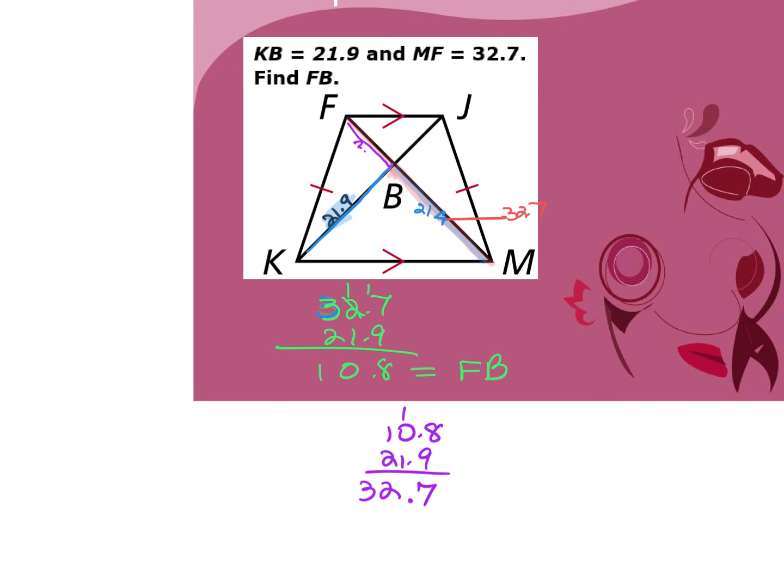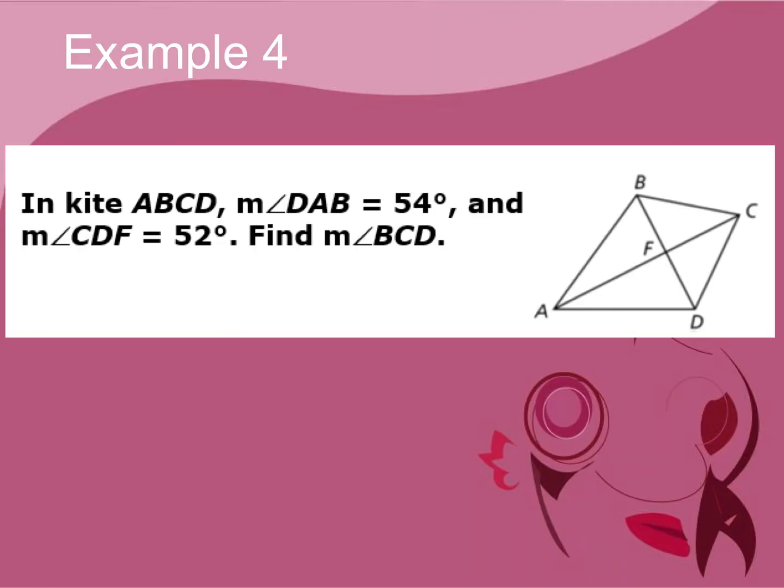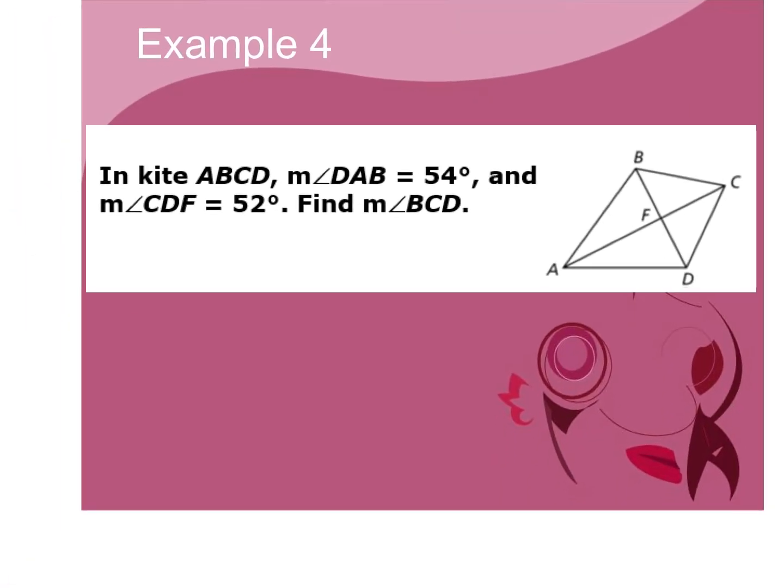Okay, there's one more official example in the notes, but I'm going to add a mid-segment question just to go over it because it is on the test and it is in the homework. So let's go ahead and do this one first. So it says, in kite ABCD, the measure of angle DAB, which is over here.